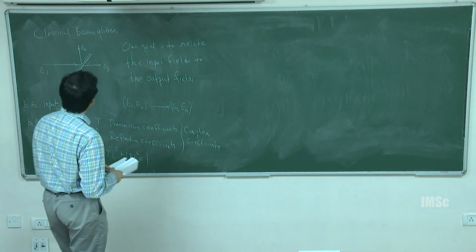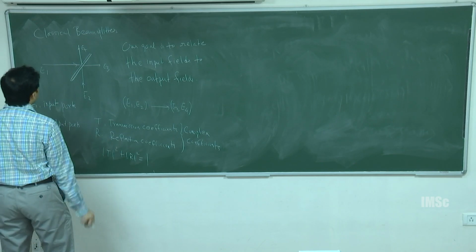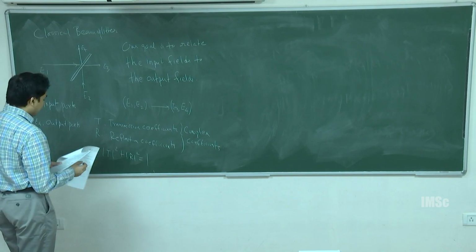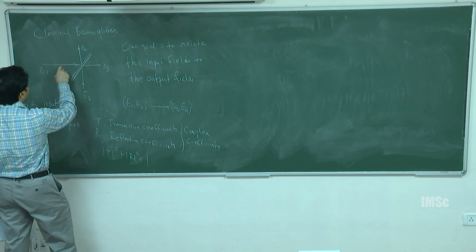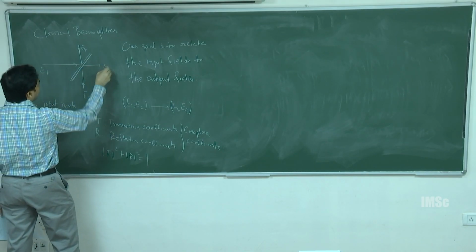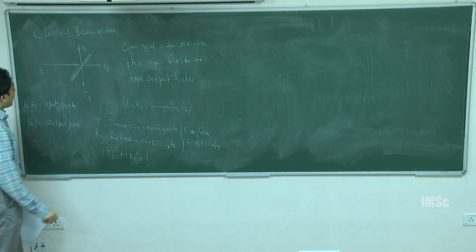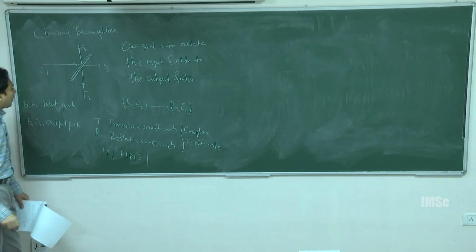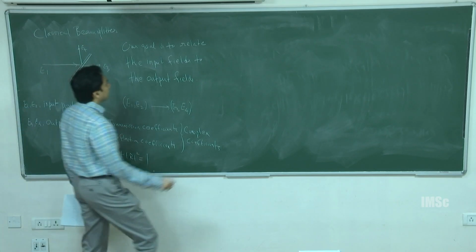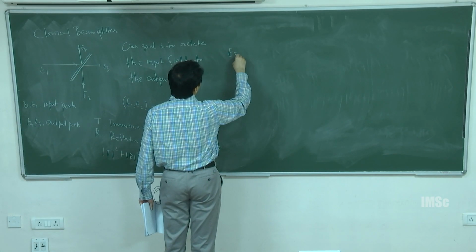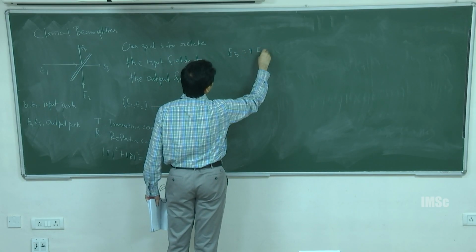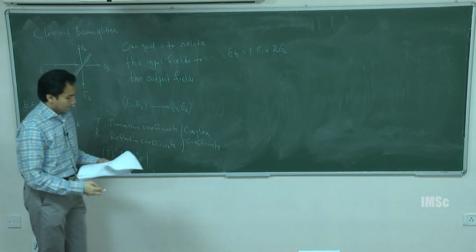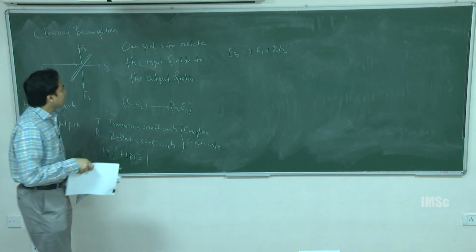So how do we express E3 in terms of E1 and E2? Look at E3 here. E1 gets transmitted and reaches output port 3, and the reflected portion of E2 will reach output port 3. So that means E3 is T E1 plus R E2. Likewise, look at E4.